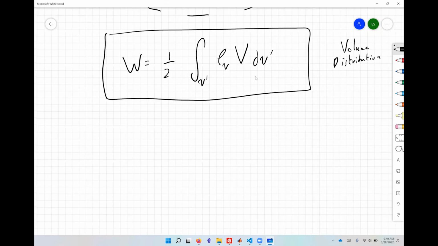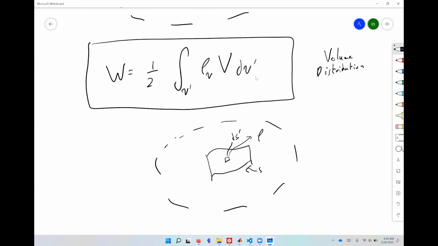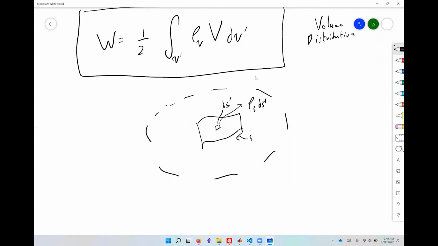What about the surface distribution? For a surface distribution, you have a surface, S prime, and a small element here, ds prime. The charge of this small region is going to be rho s ds prime. And the same thing, you sum over this surface.